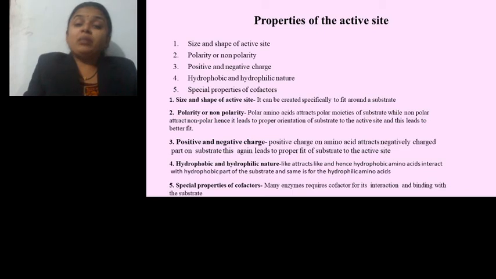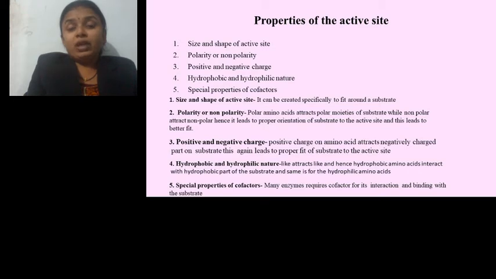Then what are the properties of active site? The properties of active site are dependent on the size and shape of the active site, polarity and non-polarity of amino acids, then positive and negative charges of the amino acids, then hydrophobic and hydrophilic nature of the amino acids, and special properties of the cofactor. Here the size and shape of active site can be created specifically to fit around the substrate.